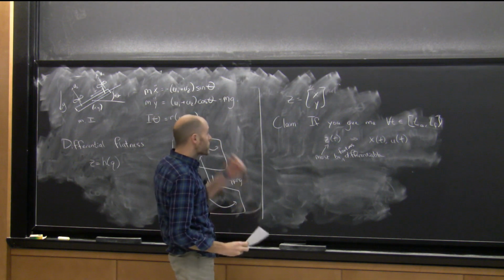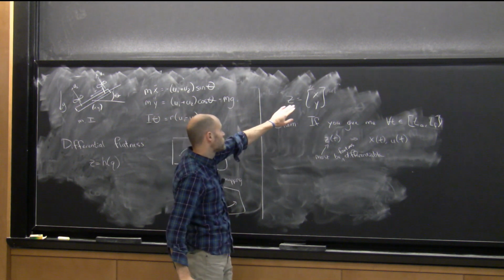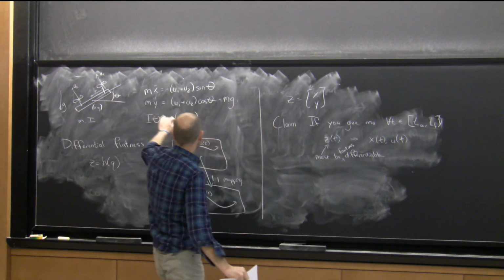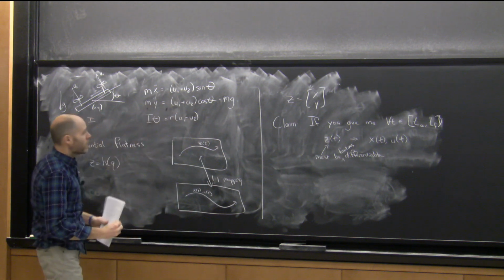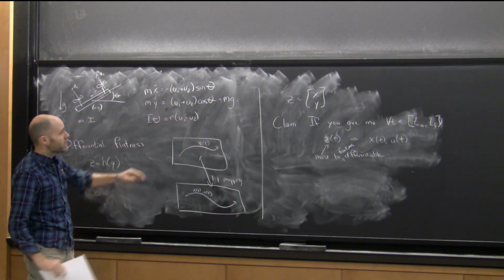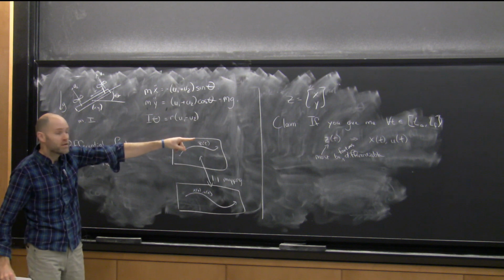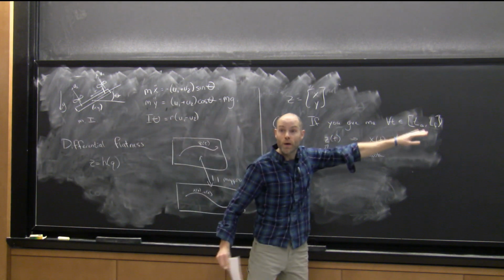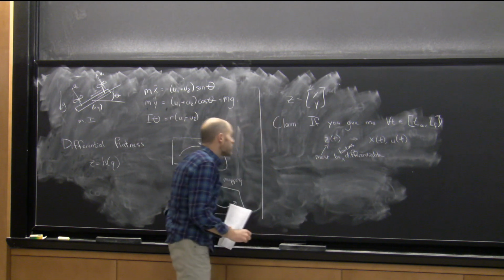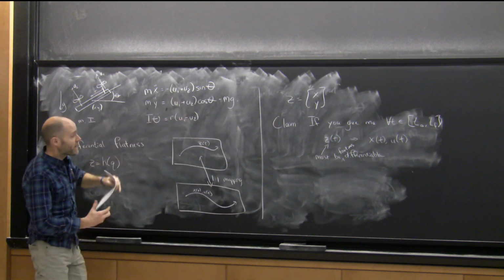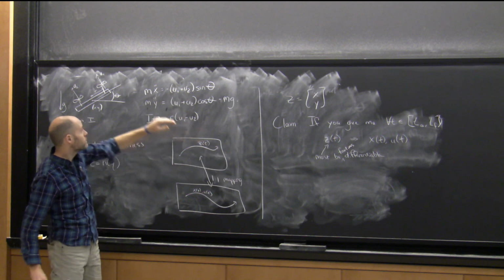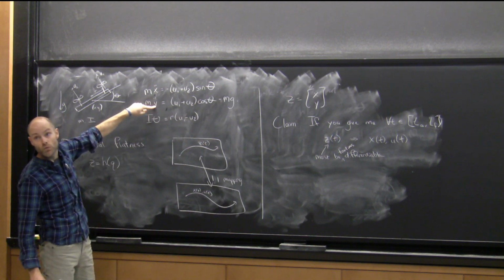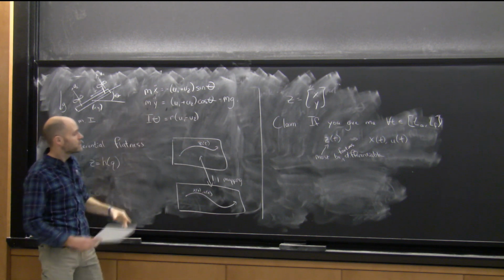So how can we see that? How can I convince you that that's true? First of all, just by looking at z and its derivatives, if you give me the whole trajectory, I'm allowed to look at the derivatives. If I know x and y over time, then I can figure out what x double dot and y double dot were at any instant of time.